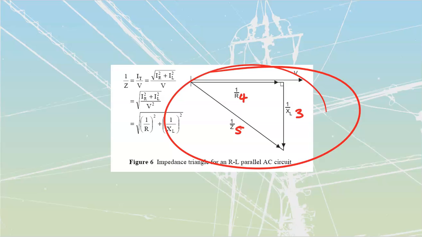If we were to place them in like this, 1 over 5 is going to be 0.2. 1 over 4 is going to be 0.25, right? That's a quarter. And 1 over 3 is going to be 0.33 that we would have for each one of these. That doesn't really make sense, the way that those values would be placed inside of there for us to have a 3, 4, 5 triangle.